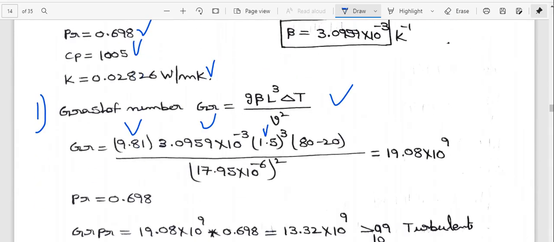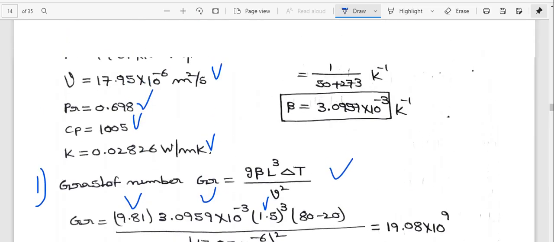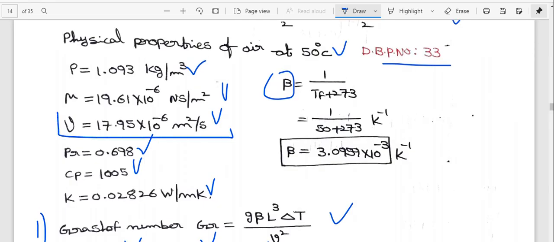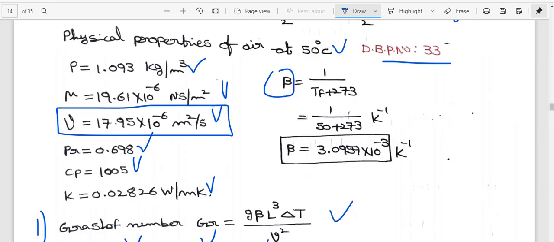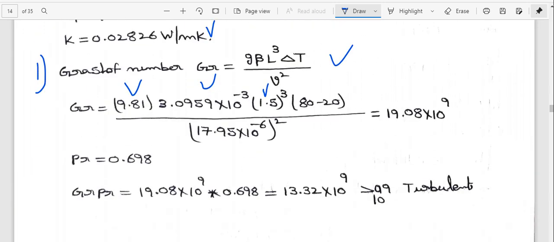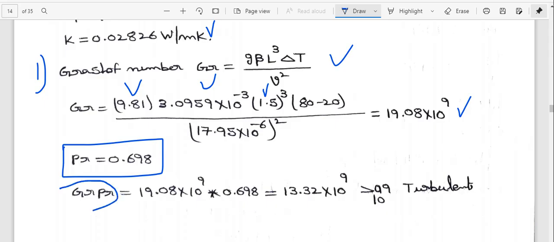We need to substitute L equal to 1.5 meters. Delta T is equal to wall temperature minus ambient temperature, the whole divided by nu squared. The nu value is from air properties at 50 degrees. After substituting these values, we get the Gr value, and the Pr value is from dry air properties, so we multiply Gr into Pr.